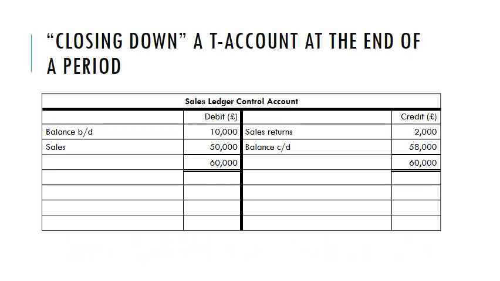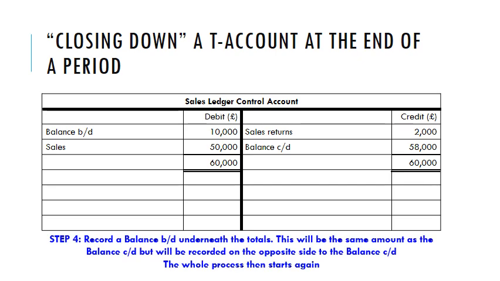The final thing that we'll do, now that we've finished with that earlier period, is we will bring the balance on that account down to the start of the next period. So what we do here is the balance carried down is brought to the start of the next period, so we'll record a balance brought down for the same amount as the balance carried down, but it's going to be recorded on the opposite side to the balance carried down.